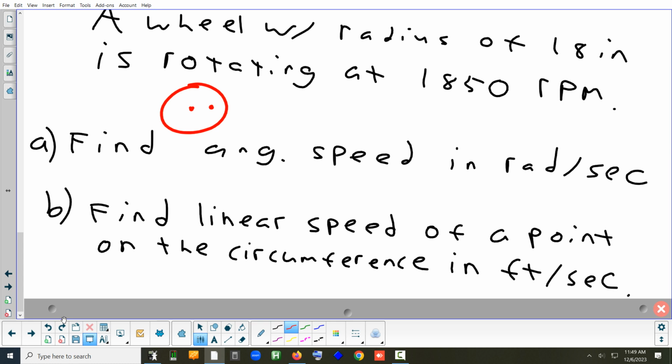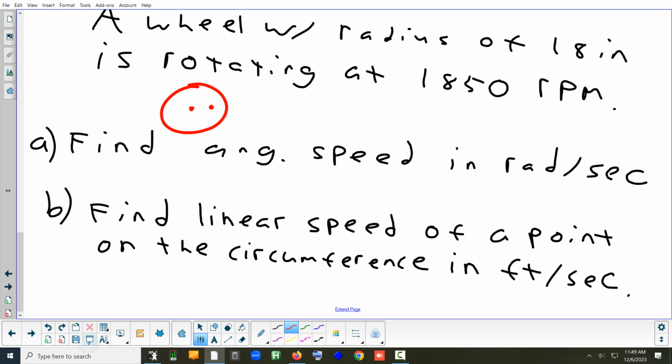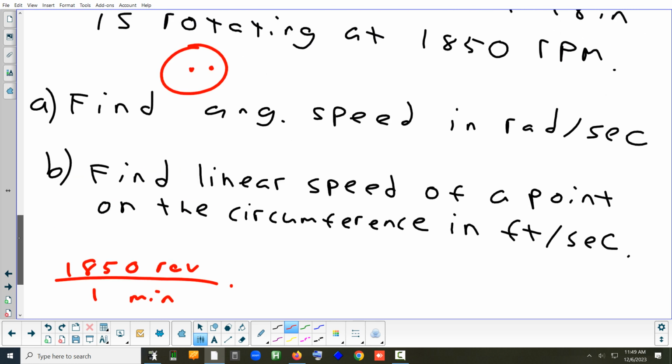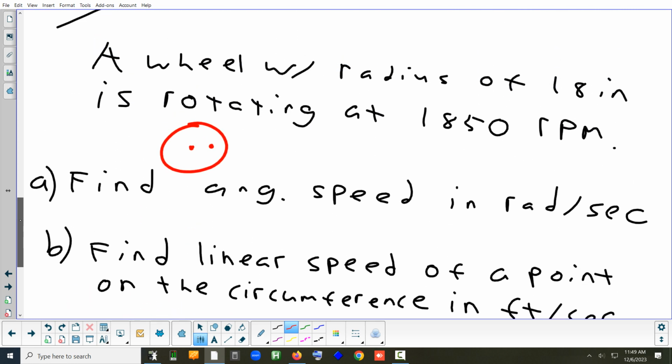All right, let's do A first. So we have 1,850 revolutions per minute. Okay, what would I multiply by to convert revolutions to radians?